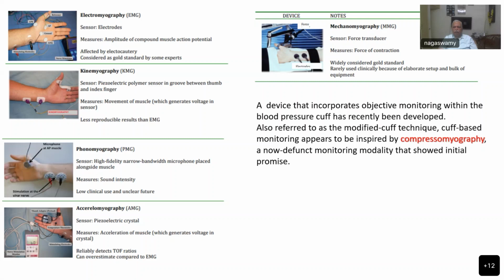And lastly, there is what is called compressomyography. This device incorporates objective monitoring within the blood pressure cuff and has been recently developed, also referred to as the modified cuff technique. Cuff-based monitoring appears inspired by compressomyography, a now defunct monitoring modality that showed initial promise.